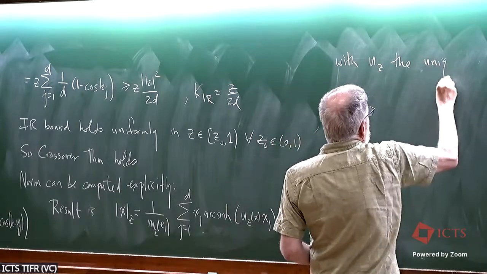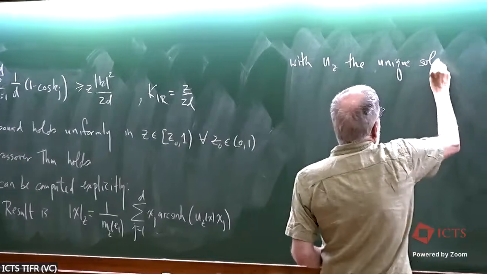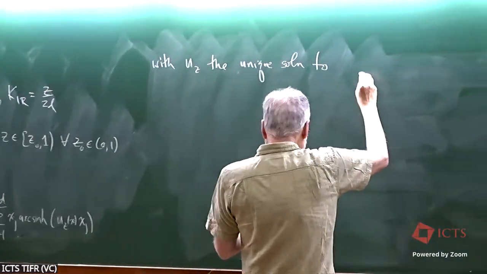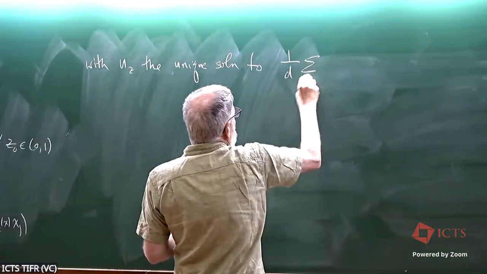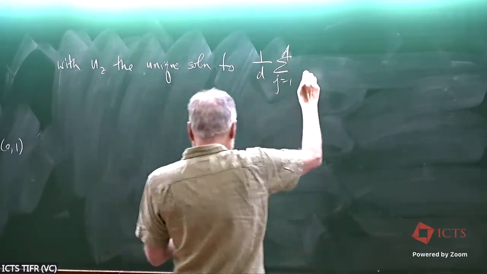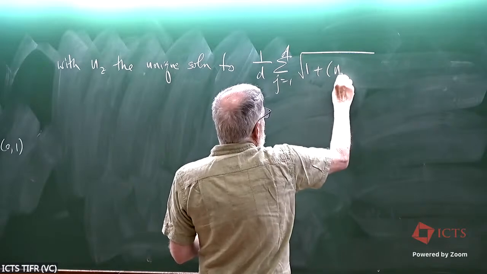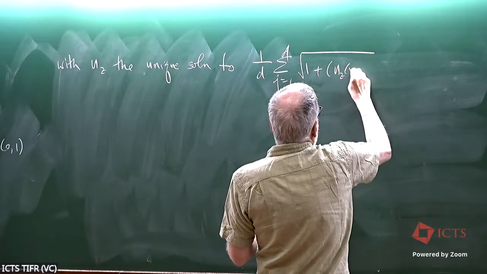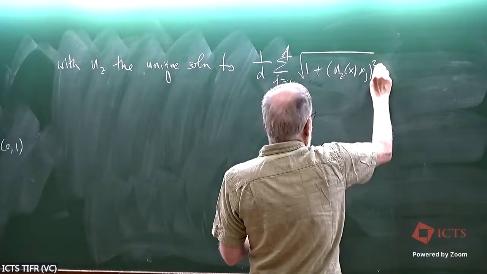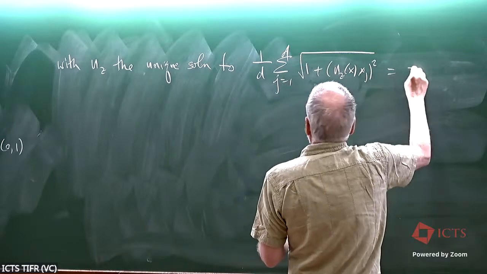And it's the unique solution to this equation: 1 over d times the sum over j equals 1 up to d of the square root of 1 plus (u_z of x times x_j) squared is equal to z.